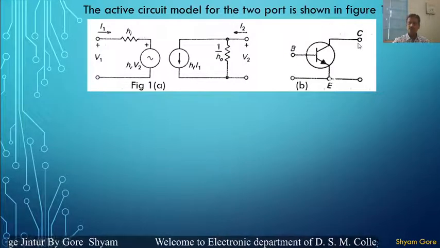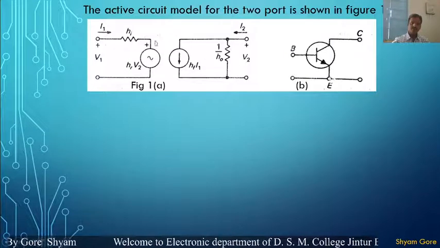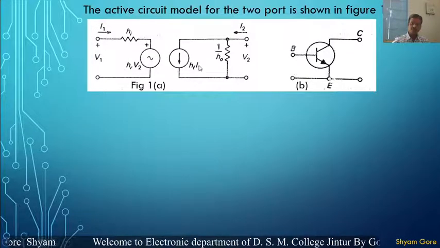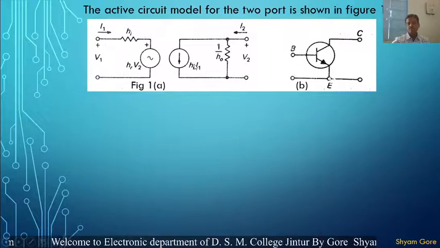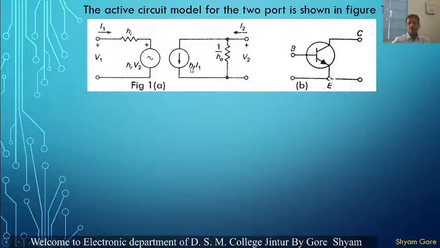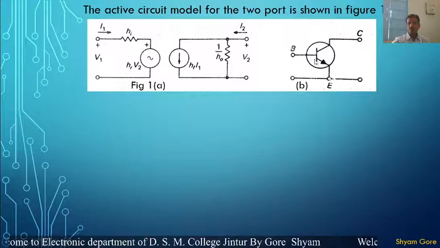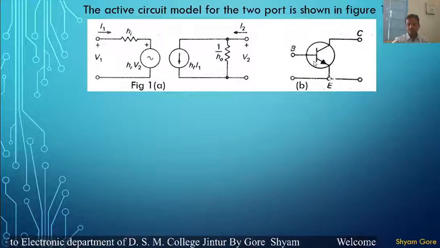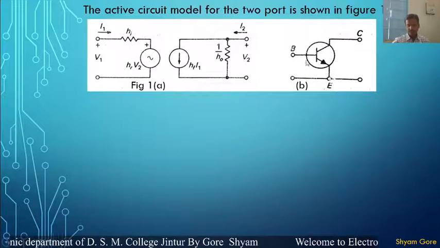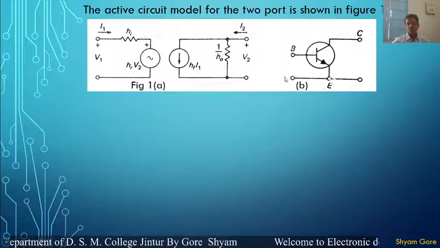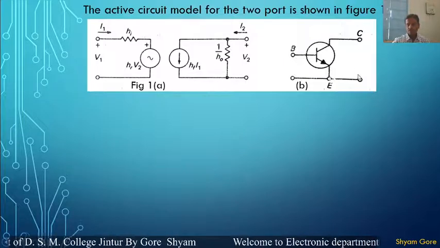So, it has the 3 terminals, but our active circuit having the 4 terminal, and when we want to convert the active circuit model or equivalent circuit for the bipolar junction transistor, that is the H parameter equivalent circuit for the bipolar junction transistor, we need the 2 terminal at the input port and the 2 terminal at the output port.